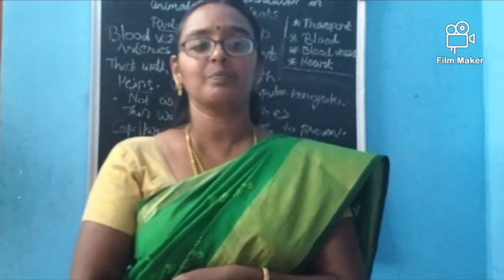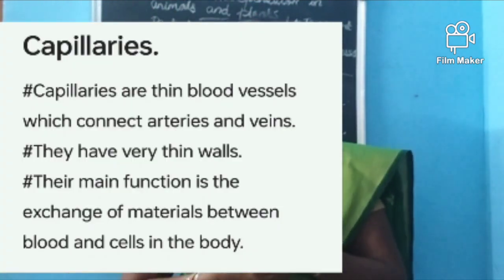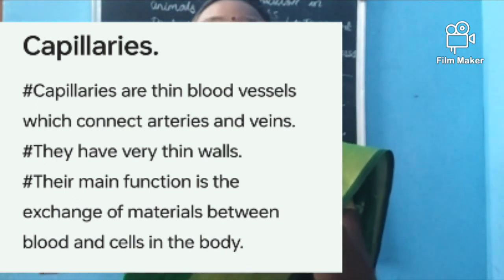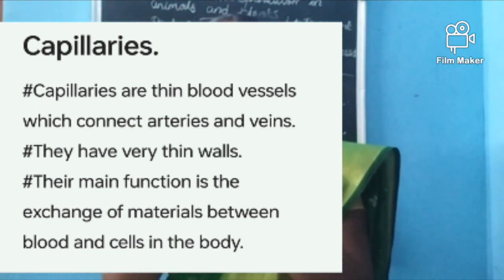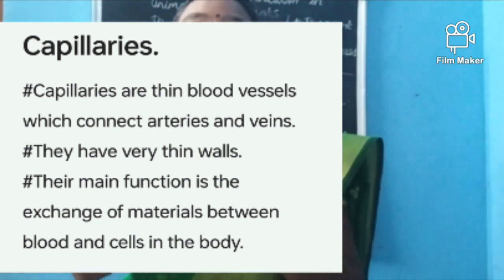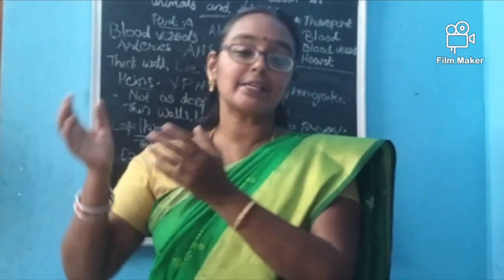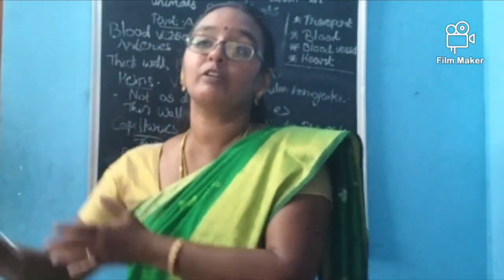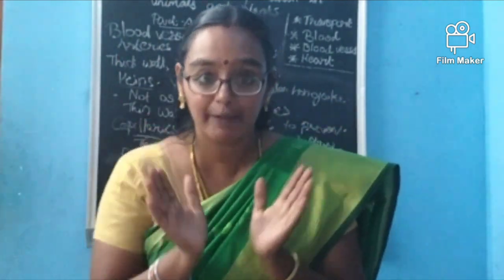The oxygen will be diffused. You will learn in higher classes how it is exchanging. Oxygen moves to the cells, and from the cells carbon dioxide and toxic substances diffuse back into the blood in the capillaries. When the capillaries are over, the veins start and the blood goes back to the heart. These are the functions of blood vessels.